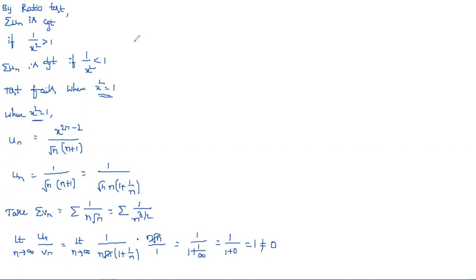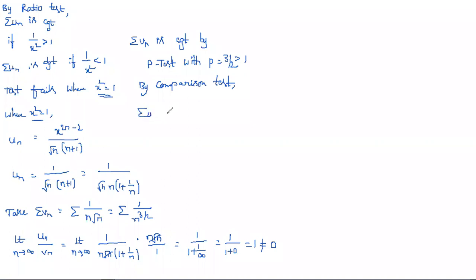So summation Vn is convergent by the p test, where p is equal to 3 by 2, which is greater than 1. So by the comparison test, summation un is convergent, when we take the specific case x square is equal to 1.